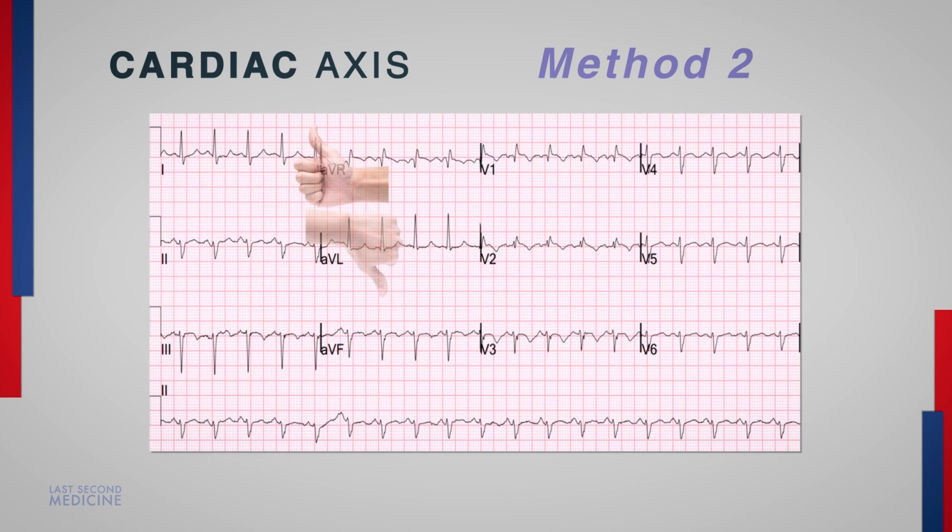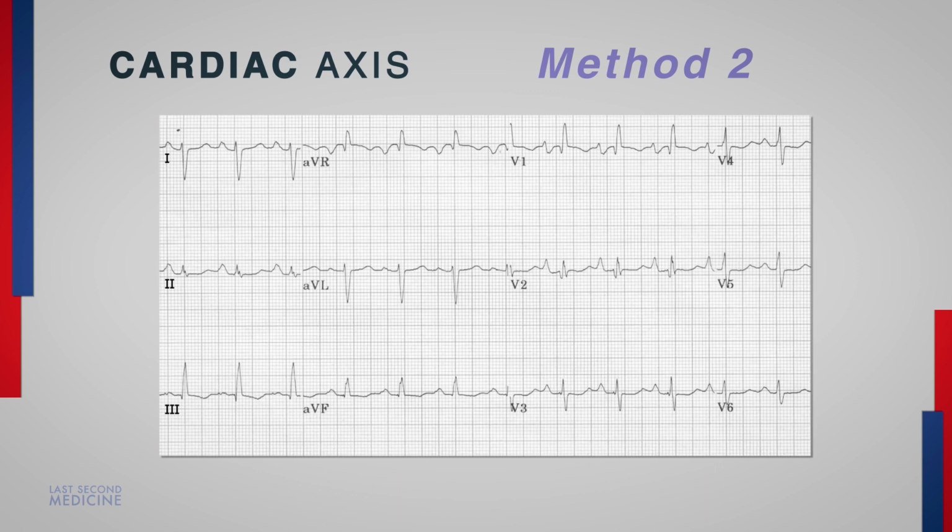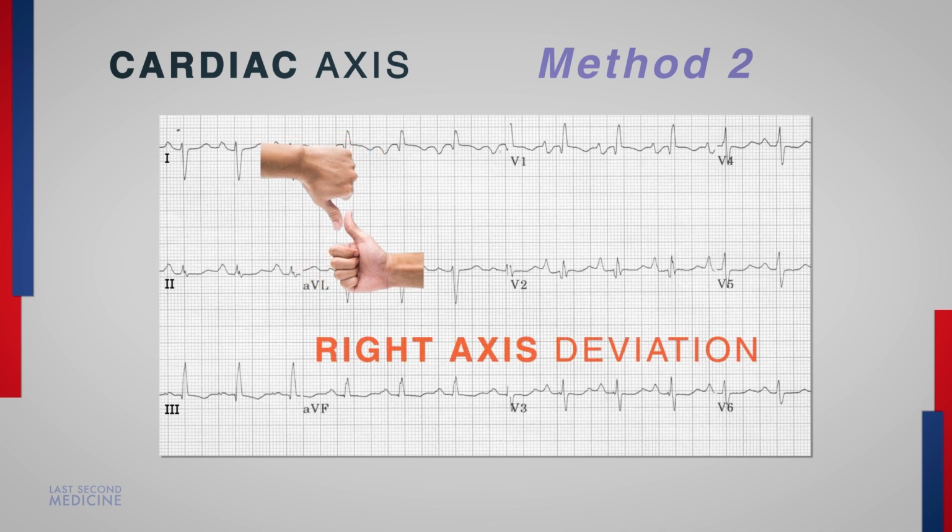Positive QRS complex in lead 1 and negative in lead 2 means the thumbs left each other. That is, there is left axis deviation. Negative QRS complex in lead 1, that is thumbs down, and positive QRS complex in lead 2, that is thumbs up, means the thumbs are right for each other. That is, there is right axis deviation.